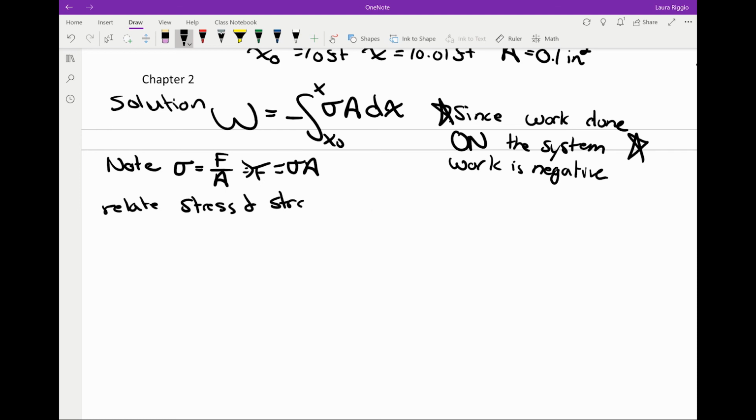So I'm going to relate stress and strain. So sigma is equal to C epsilon, which is equal to C times x minus x naught over x naught. I'm going to plug that back into my integral.